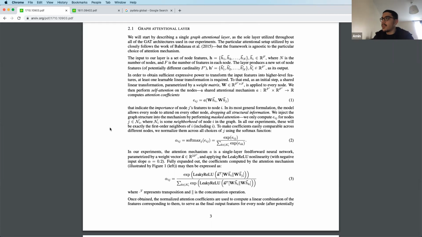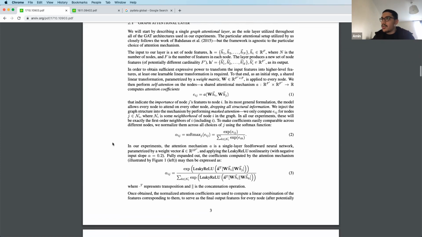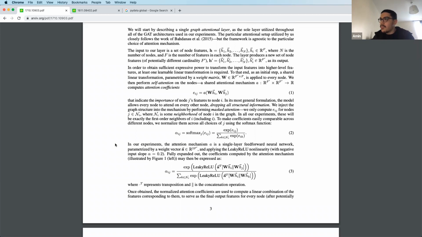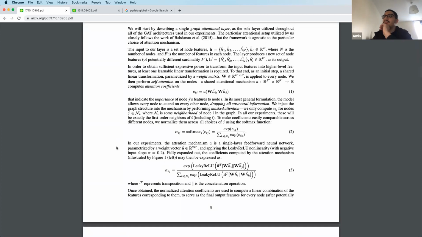Okay, so in the usual way, the attention weights are normalized by taking a softmax over the coefficients. So this is a softmax over the neighbors of the node of interest. And then these values are then used to compute the attention weights.